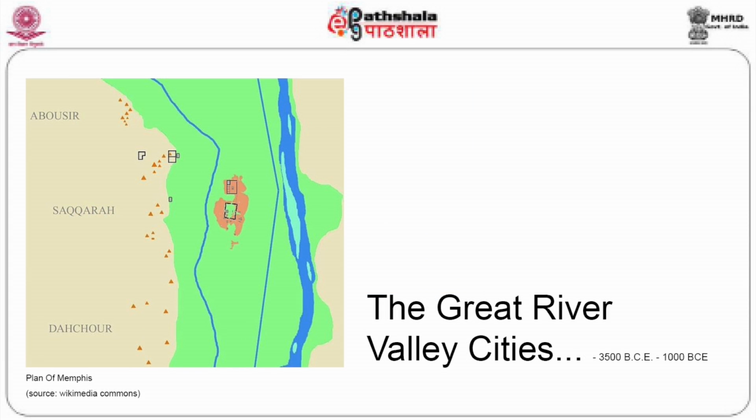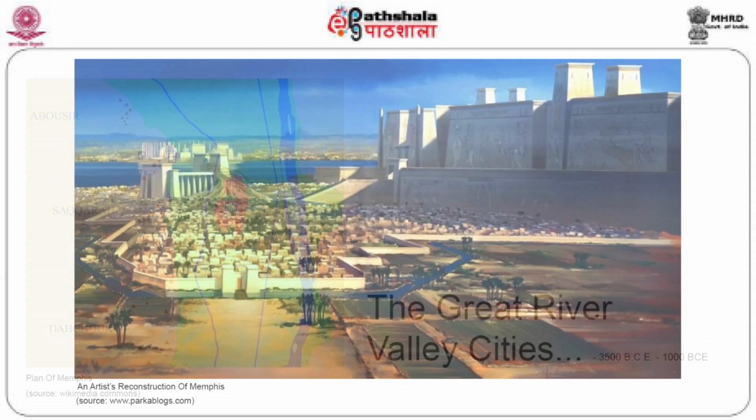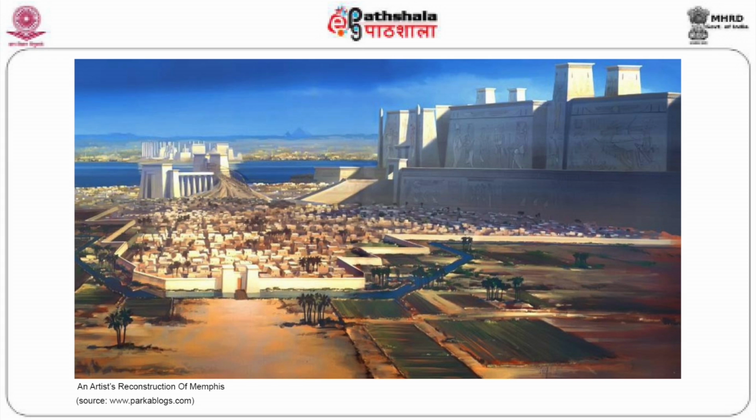But the Egyptians weren't just great architects and engineers, they were also great urban designers. This is the plan of Memphis, which was the capital of pharaonic Egypt for thousands of years. Memphis was built along a river, and this reconstruction essentially shows you how grand the city was.